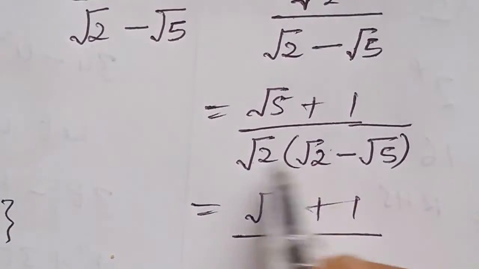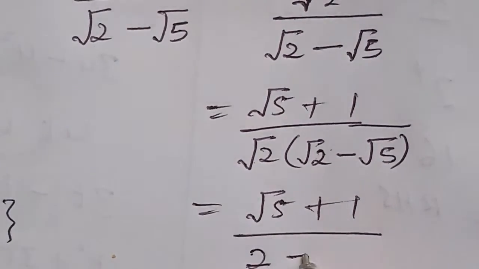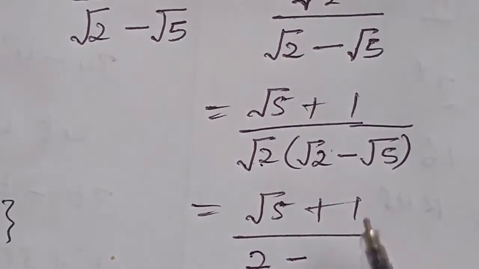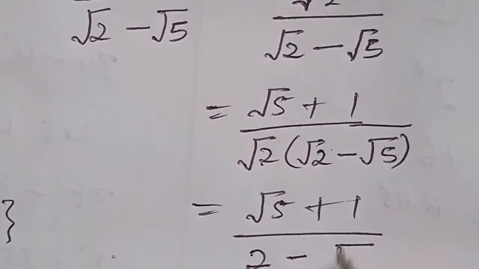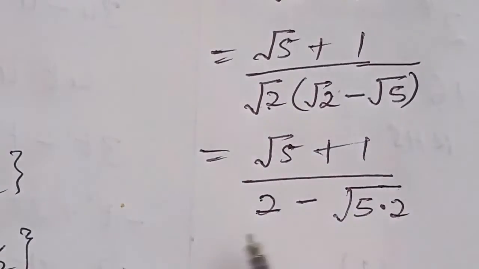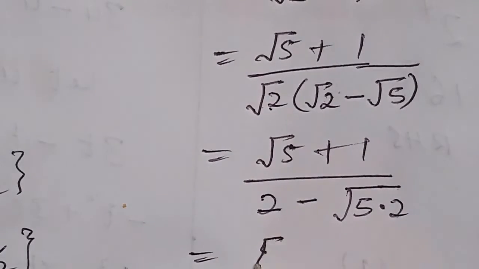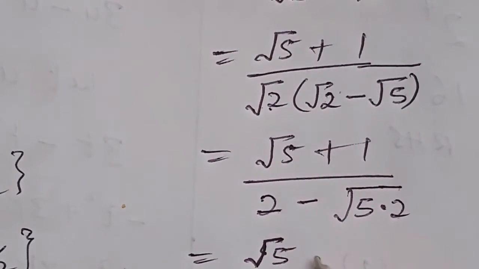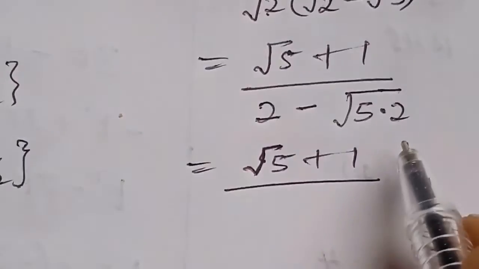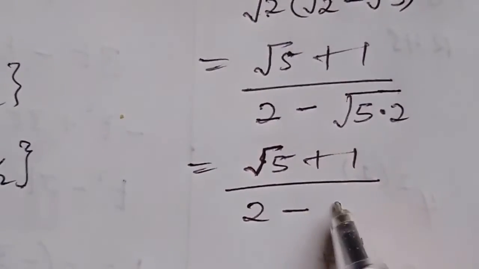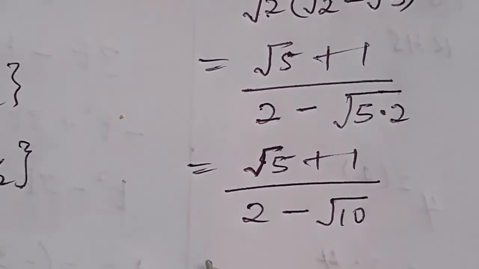So this multiplied by this will give us 2, minus this multiplied by this will give us square root of 5 multiplied by 2, and this can be written as square root of 5 plus 1 over 2 minus square root of 10.